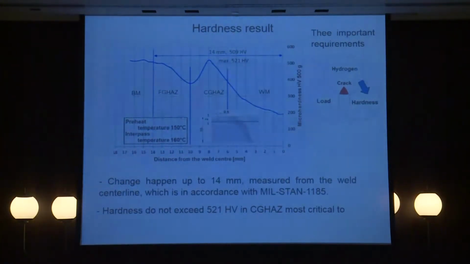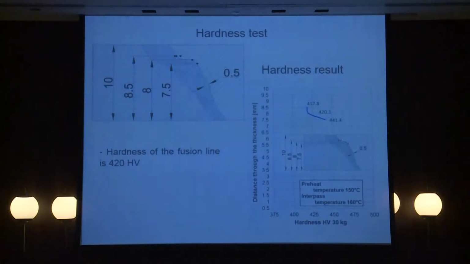Hardness does not exceed 521 Vickers, which is very important to get good ballistic properties. After that we continued to measure micro hardness near the fusion line, and hardness near the fusion line, as we can see, is approximately from 417 to 440 Vickers.